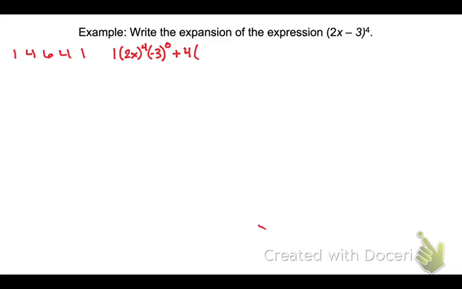First term, 2x to what power? 3. Negative 3 to the first. Plus, times 2x to the second, times negative 3 to the second.